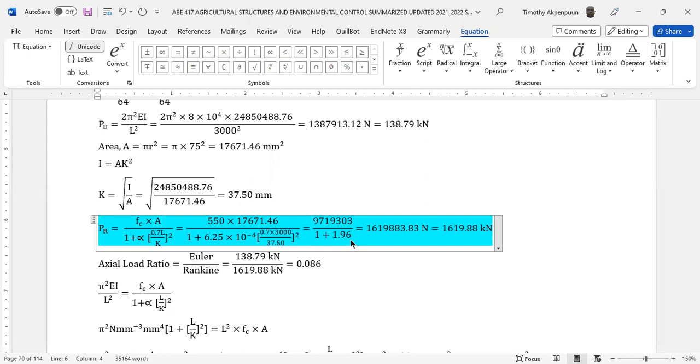Let's take it together. 0.7 times 3,000. What is the answer? 2,100 divided by 37.50. What's that? That's 56. 56 times 56 is 3,136. 56 squared.